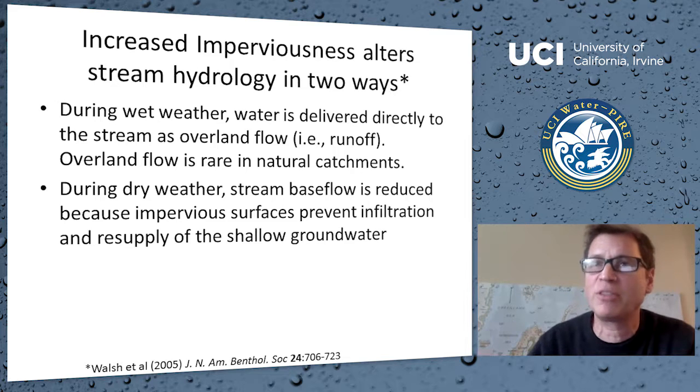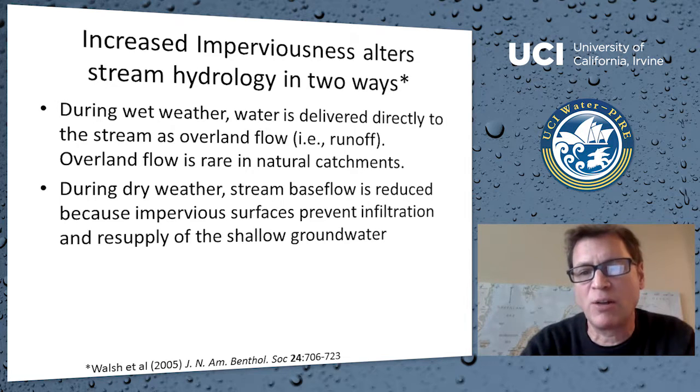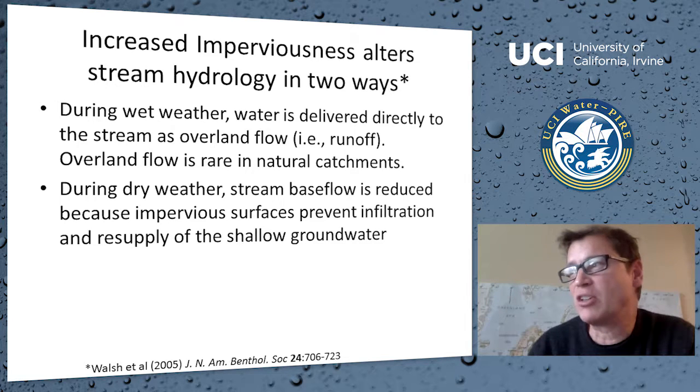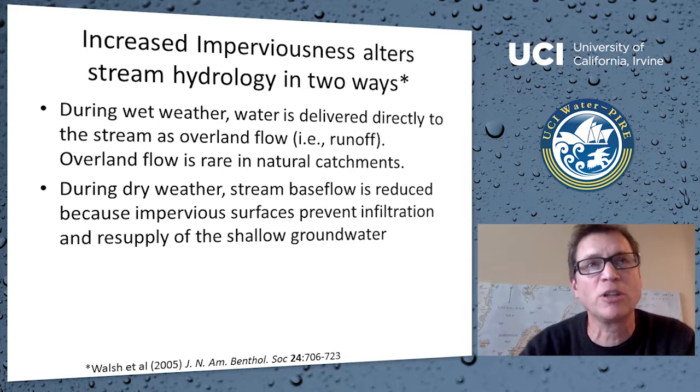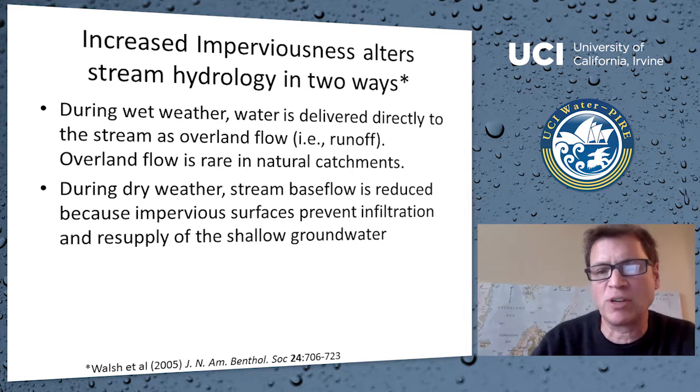And so if you cut that off, then basically you reduce the base flow. So you have this kind of schizophrenic problem, right? You've got too much flow during rain events, and you have too little base flow during dry weather events. Again, excluding interbasin transfer issues.